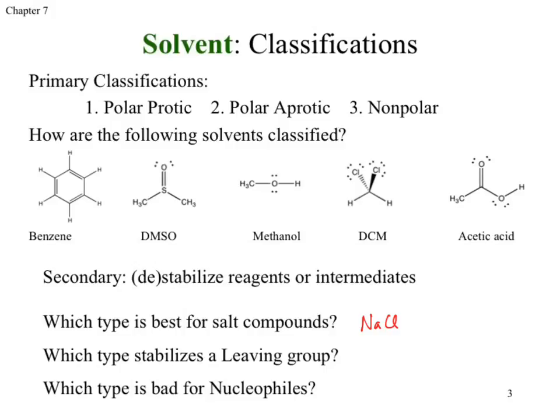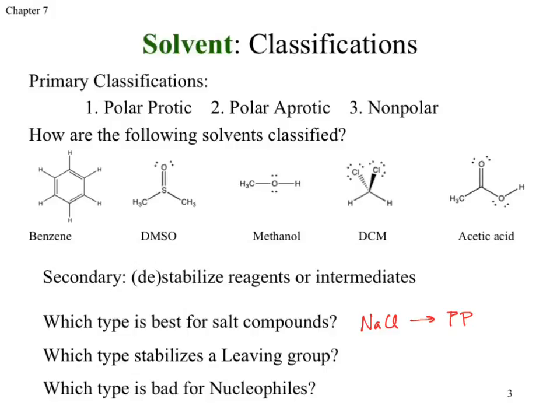I'm going to want something as polar as possible to help break that ionic bond so that it can actually get into solution and interact with things, which means probably the best solvent choice is a polar protic. Depending on circumstances, we might have to shift to a polar aprotic, but under no circumstances would we use a nonpolar solvent, because the nonpolar solvent won't break that bond open, and we can't actually get access to the ions within it.